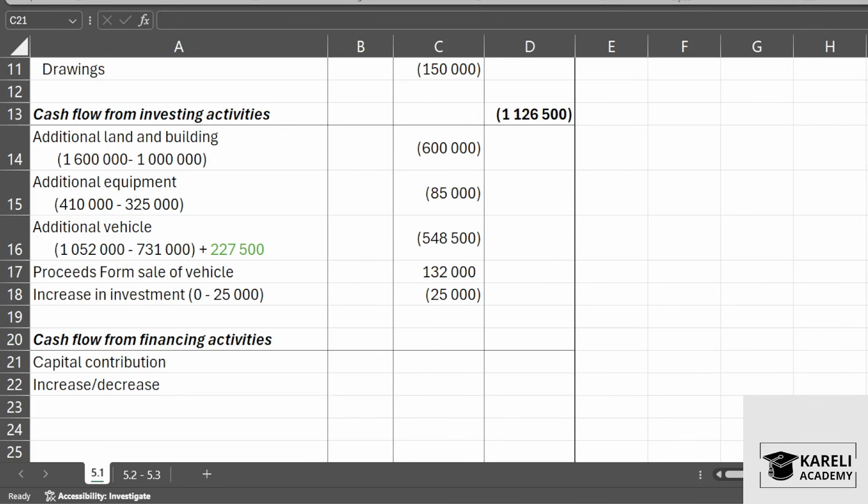It was 1,029,000, and you subtract the opening balance for the current year, 1,087,000.